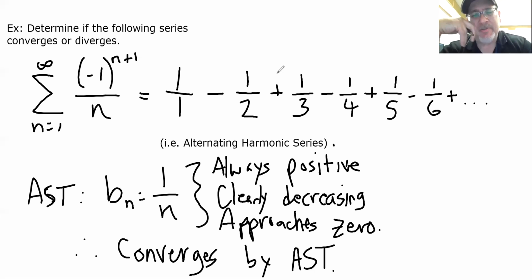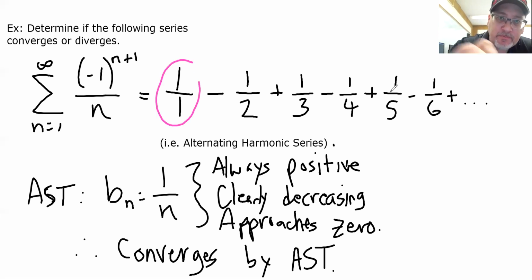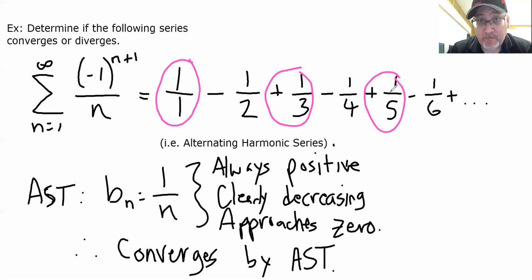Which is kind of surprising because a harmonic series diverges, meaning that if we change all the minuses to plus, we get divergence. And here's another something that might blow your mind. We take only the positive numbers, they form a positive harmonic series because their reciprocals are 1, 3, 5, which is an arithmetic series.